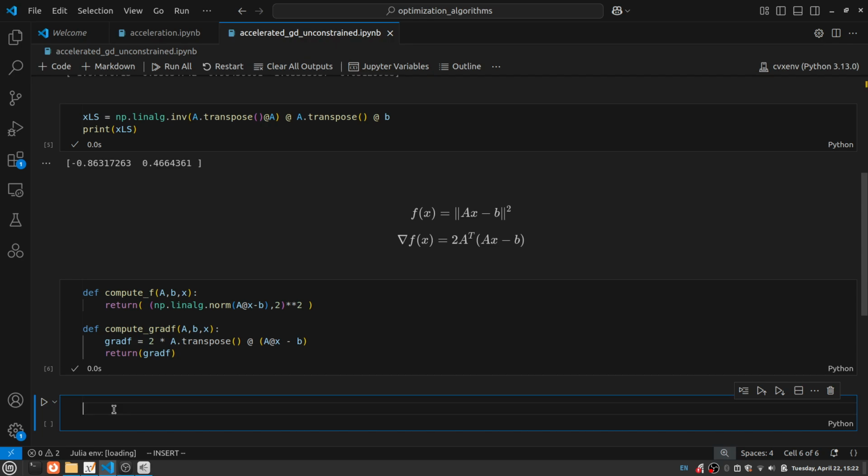So now let me run gradient descent and see what I get, standard vanilla gradient descent. I'll pass as parameters A, b, the actual solution, just to compare at every step how far away my solution is to the actual solution, and the total number of iterations. And I'll also choose different step sizes to see how gradient descent behaves with different kinds of step sizes.